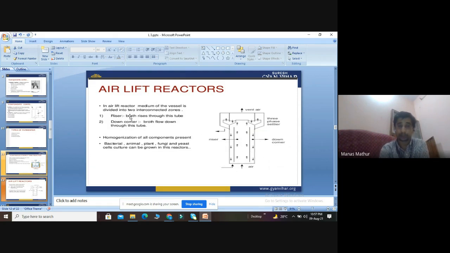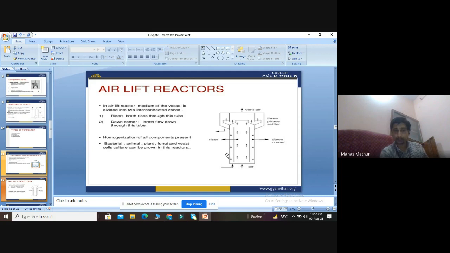So what is the importance of the riser? Broth rises through this tube. In an airlift reactor, the medium of the vessel is divided into two interconnected zones. In the riser, broth rises through the tubes.